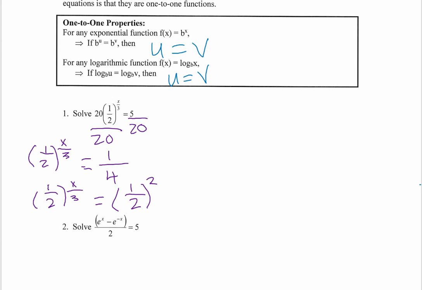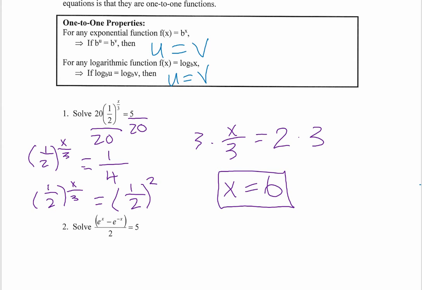Now my bases are the same and we know they're equivalent, so that base essentially becomes irrelevant. If those are equal and my bases are equal, then my exponents have to be equal. So x over 3 has to equal that exponent of 2. Now, this is a nice equation to solve. All you have to do is multiply both sides by 3 to get x by itself, and we get that x is equal to 6.